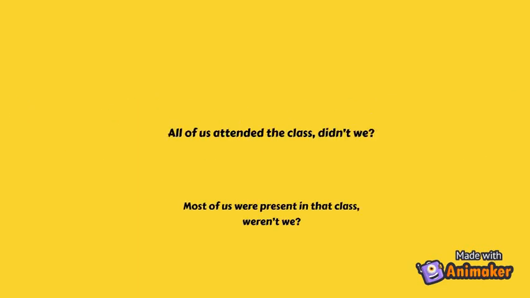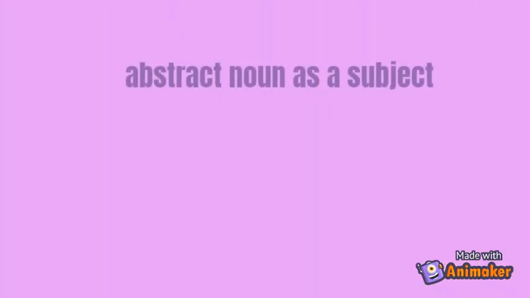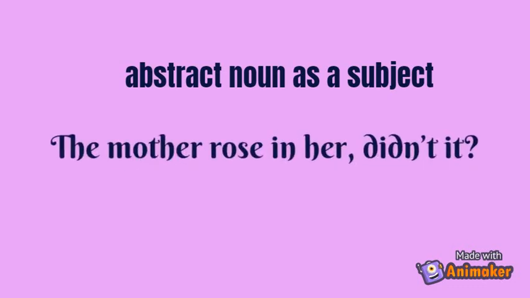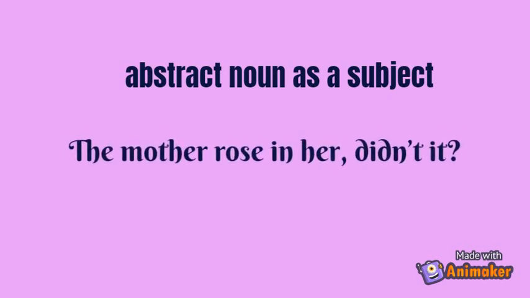Most of us were present in that class, weren't we? We normally don't get this kind of sentences, but it could be an exception to have an abstract noun as a subject. Like, the motherly love rose in her, didn't it? So we use it for abstract noun.